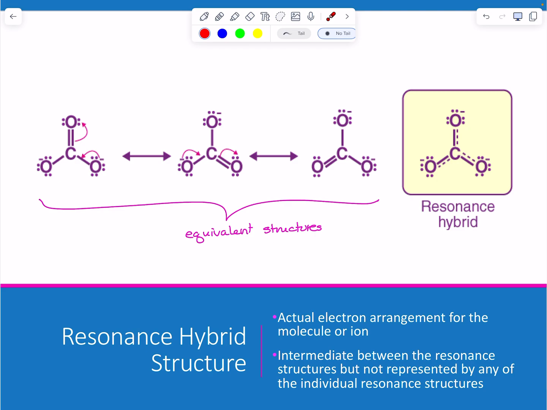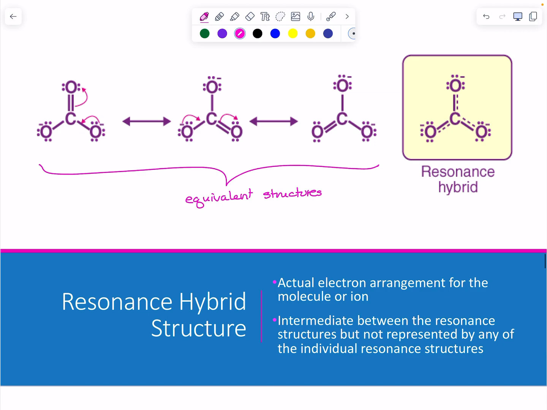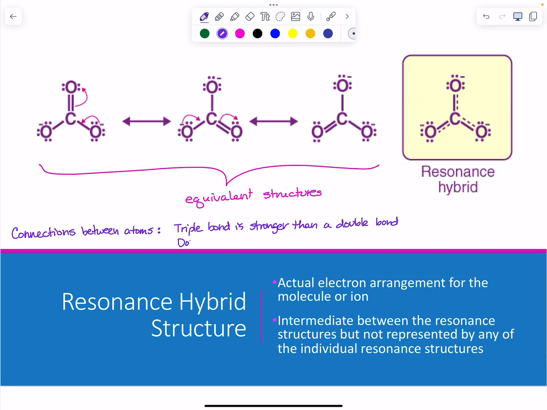So what does this mean in terms of the strength of the connections between the atoms? If we're talking about connections between atoms, a triple bond is stronger than a double bond, and a double bond is stronger than a single bond.